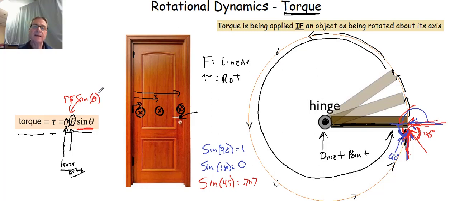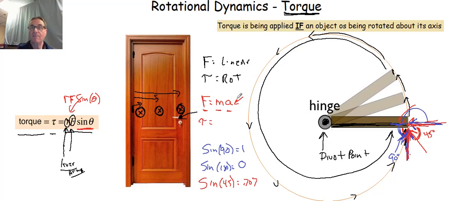And again, its analogy in the linear world would be force. Well, we also know that force is equal to mass times acceleration. We know that torque is equal to r times f times sine of theta, but if force is equal to ma, and torque is the equivalent of force in the rotational world, what is the equation for torque that would be similar to Newton's second law?